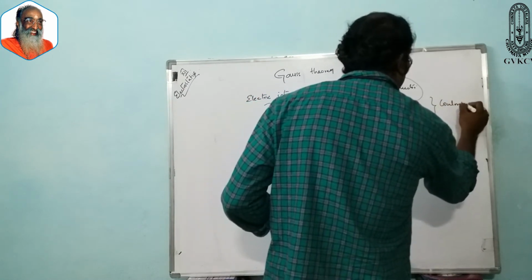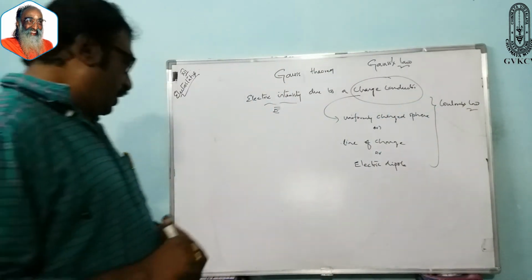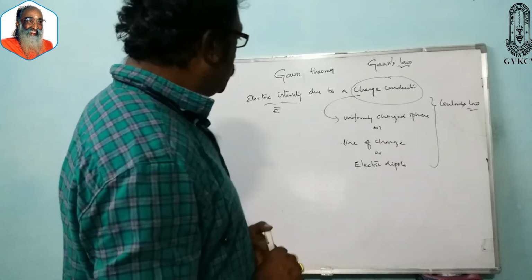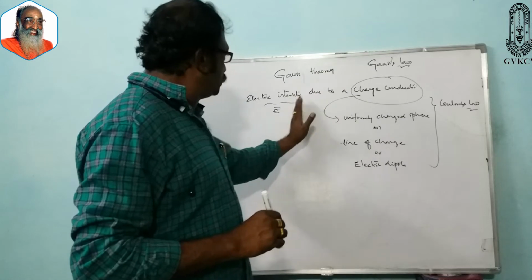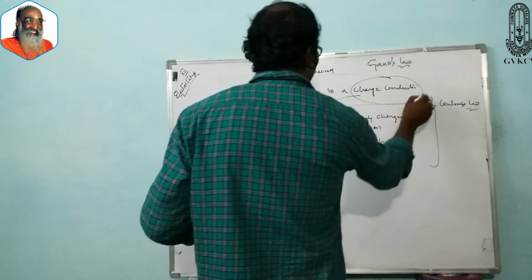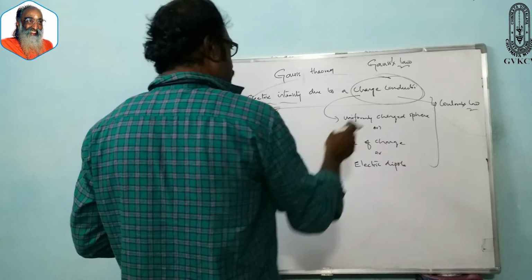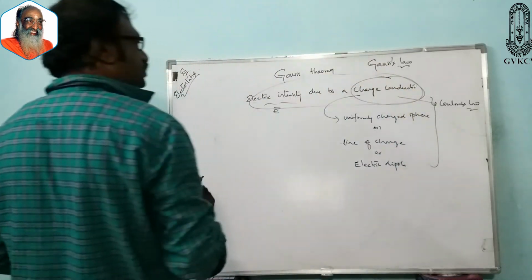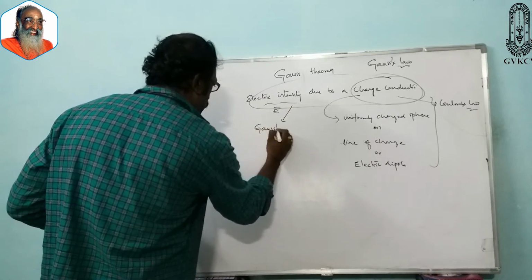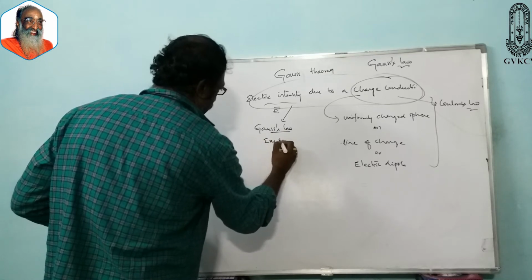So far we did this method by using Coulomb's law. Up to now we just went with Coulomb's law. And the electric intensity due to a charged conductor can also be determined by Gauss law, except for the electric dipole.